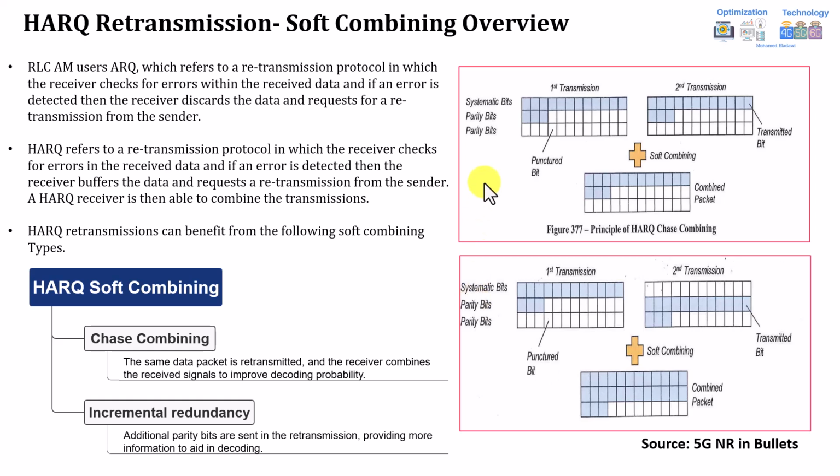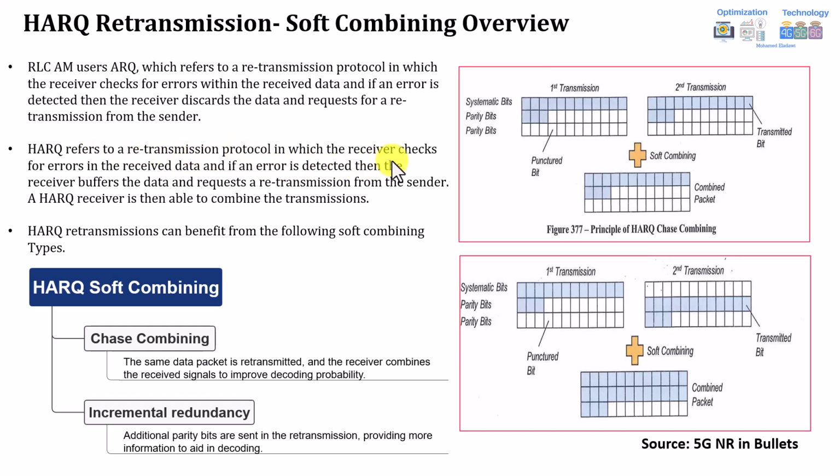Okay, this is actually what I was discussing in the previous slide, that the HARQ receiver has a buffer, so it can keep the data in the buffer in case retransmission is required, to start doing combining for each new transmission and so on. This slide is very high level, and I'm not going to go into details here because I already have separate slides for each of these types. But simply, if you look at those figures and the summary in the bottom left, HARQ in general, as we highlighted, refers to the retransmission protocol.